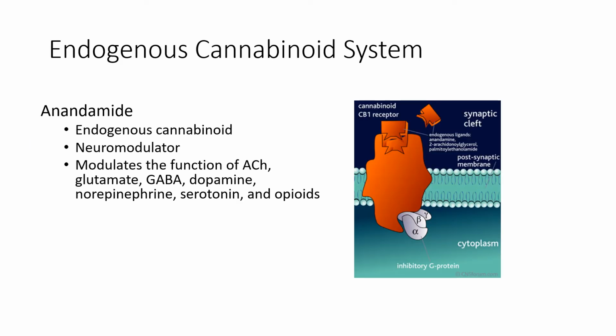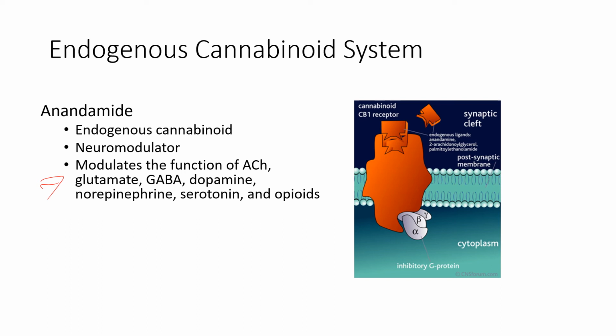Another one of these systems to look at is the cannabinoid system, and this is essentially a neuromodulator that works with cannabis to modulate the functions of glutamate, GABA, dopamine, norepinephrine, serotonin, opioids.